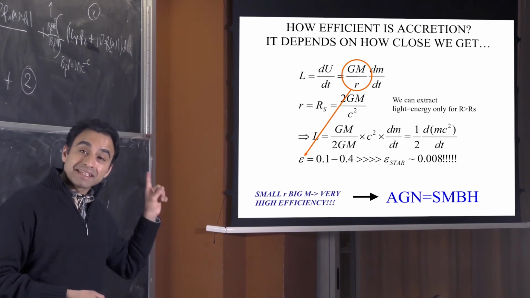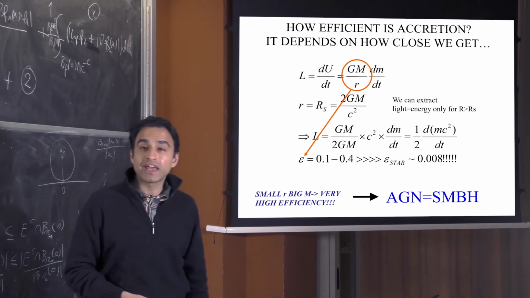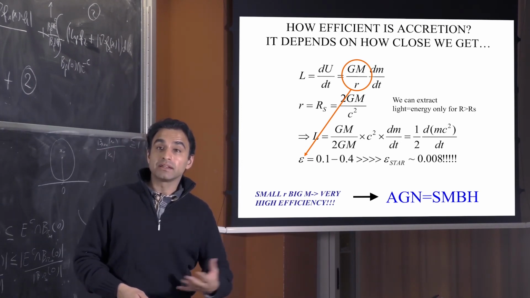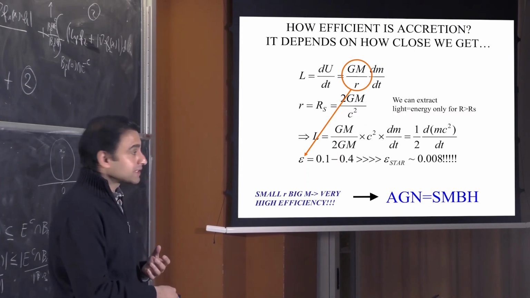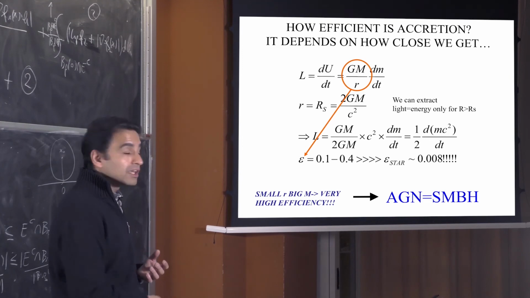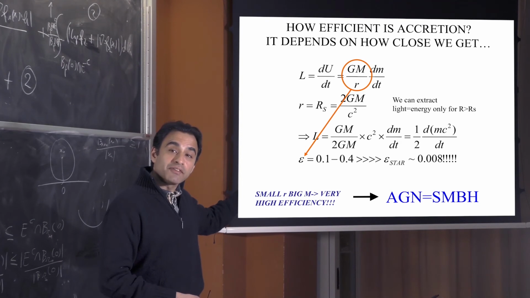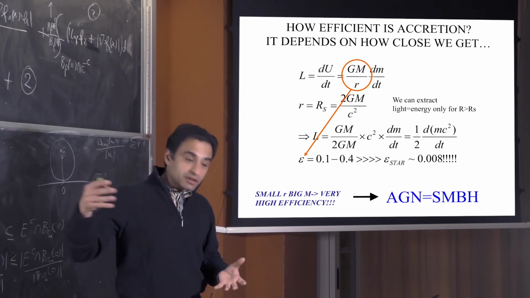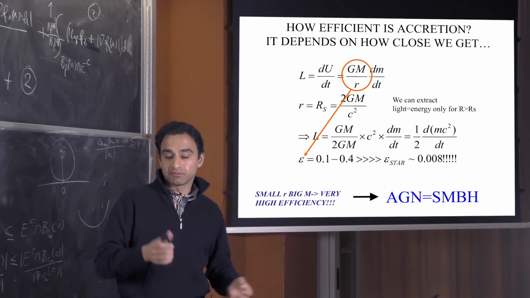This process is extremely efficient if you compare it with the efficiency of nuclear reactions in stars, like our own sun. The efficiency of those processes is orders of magnitude below the efficiency of energy that can be retrieved from the gravitational loss of particles going towards a compact object, a neutron star, or in this case, a supermassive black hole.